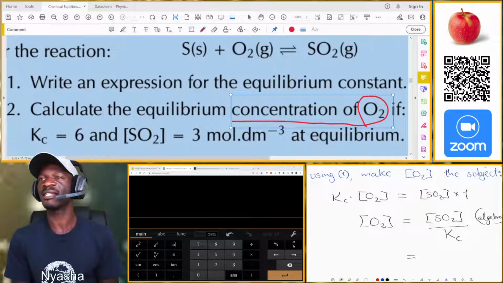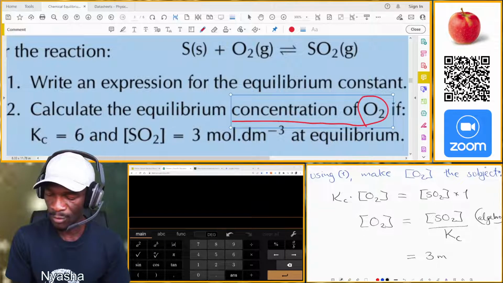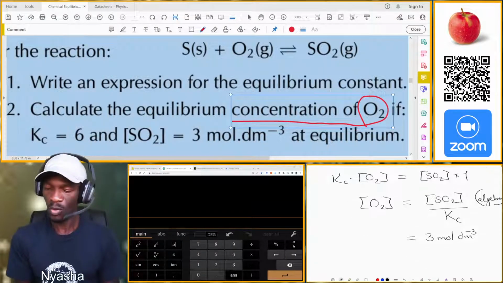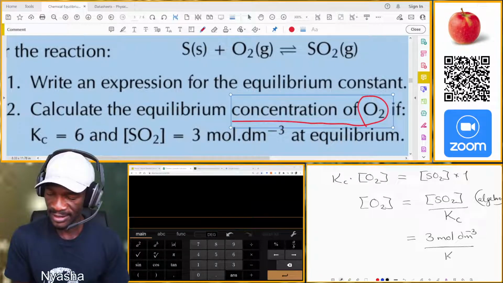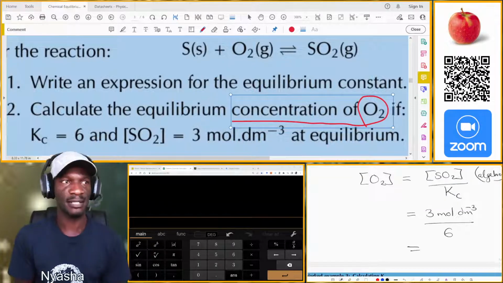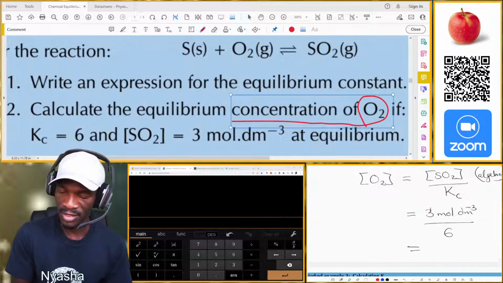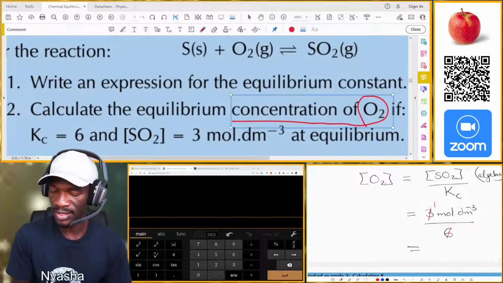What is the concentration of SO2? The concentration of SO2 is 3 mole per dm cubed. What is the value of Kc? Kc is given as a constant. It's 6. So what is 3 divided by 6? That's obviously your half, isn't it? 3 into 3, 1; 3 into 6, 2.